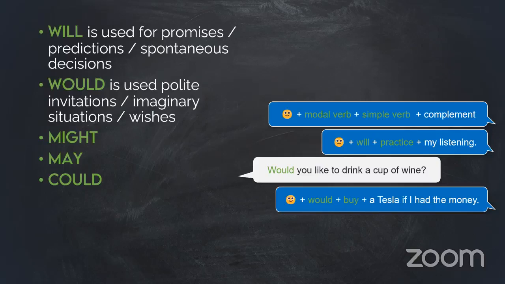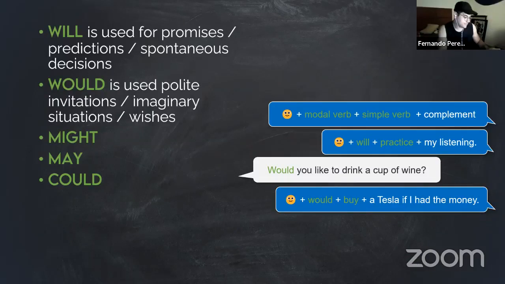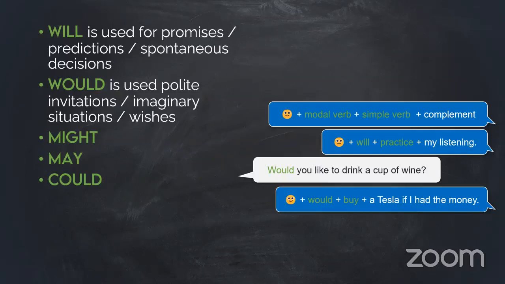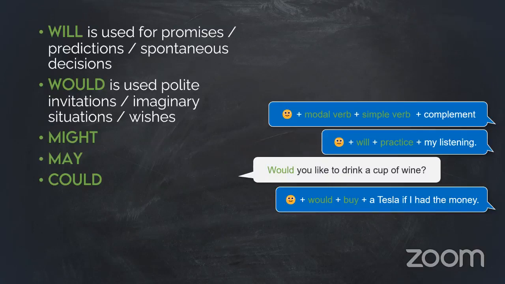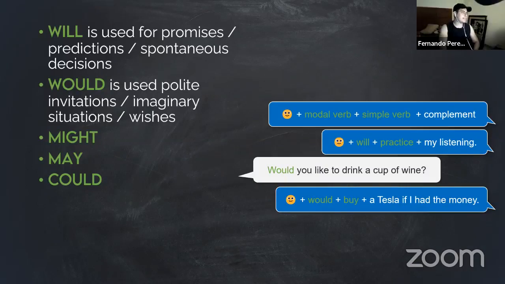So you can express wishes too. If I had a lot of money, I would buy a big house. Correct. Fantastic. Perfect. That is the application of would.